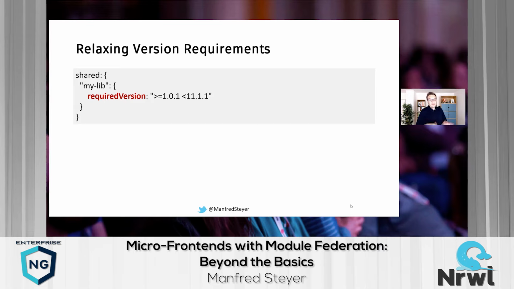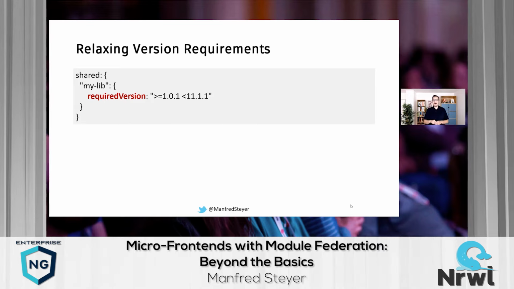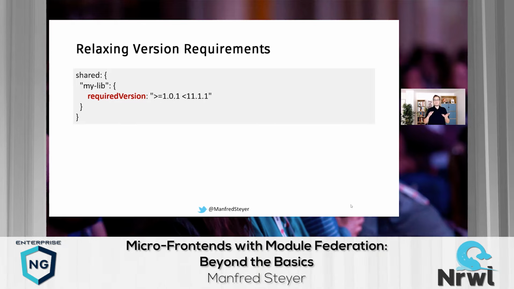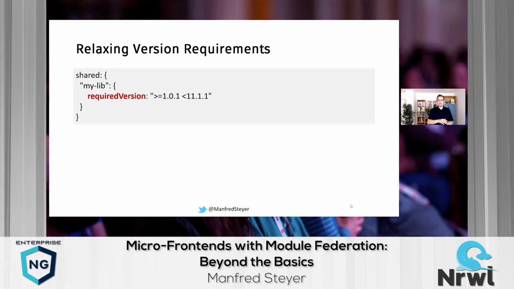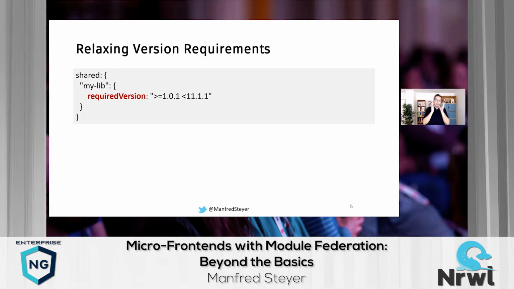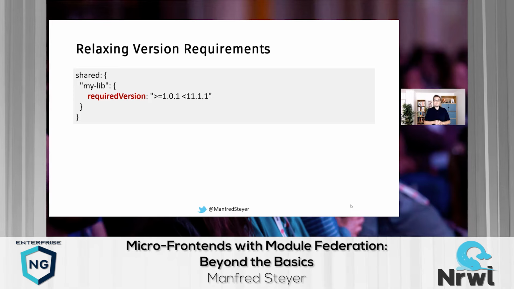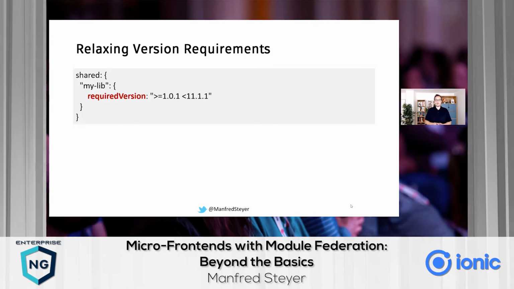You can also relax the version requirements. You can say, well, I know this was compiled against version 10, but honestly, I'm an expert. This will work with everything between version 1 and 11. But now here, one more time, you are taking responsibility. If this does not work, it's not the fault of Module Federation.